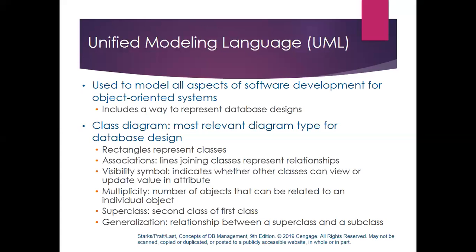Multiplicity indicates the number of objects that can be related to an individual object at the other end of the relationship. When one class is a subclass of a second class, the second class is called a superclass of the first class. A generalization is the relationship between a superclass and a subclass.